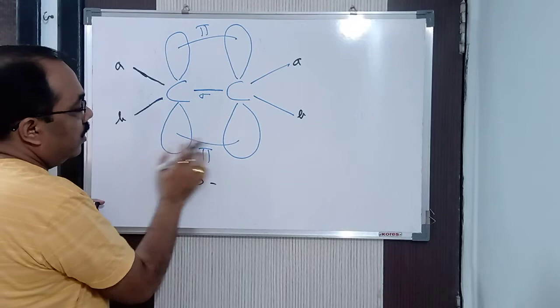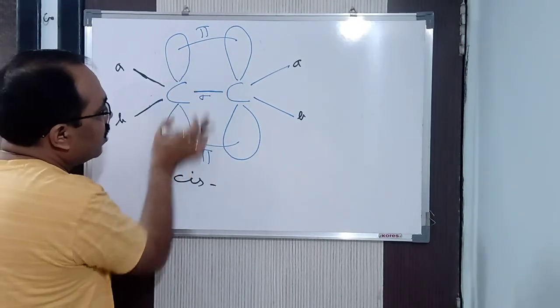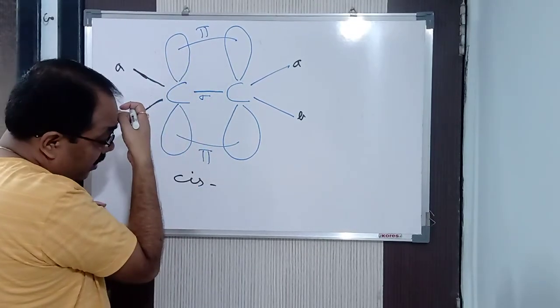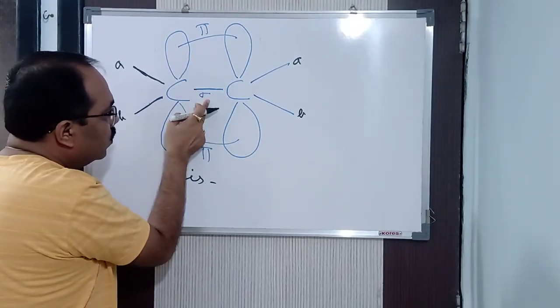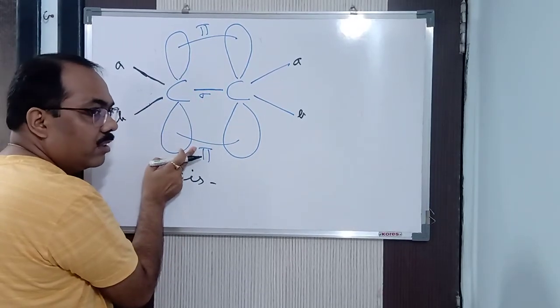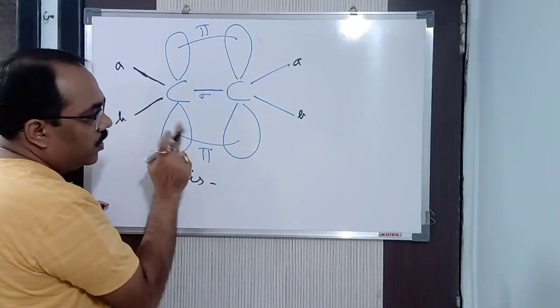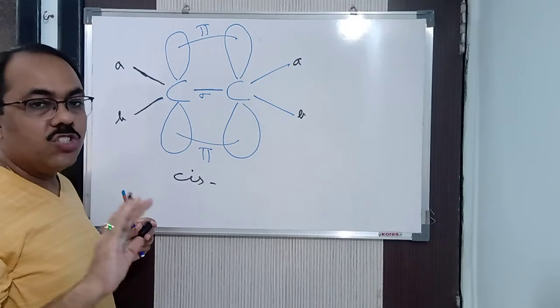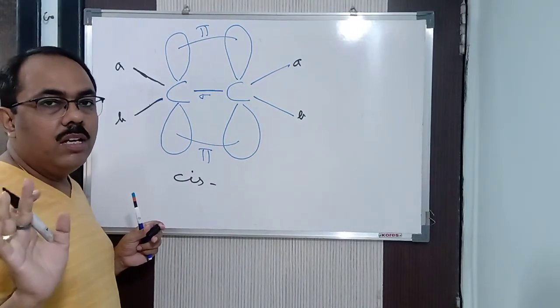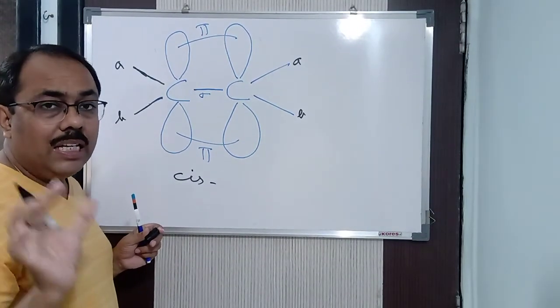Now you might be thinking why I have taken the pi bond on both sides. Because in the case of a double bond we have double bond 1, 2, then where does the third one come from? It is not the third one, because later on you will study that the pi bond is delocalized. Its position is not fixed. Delocalized means the position is not fixed.